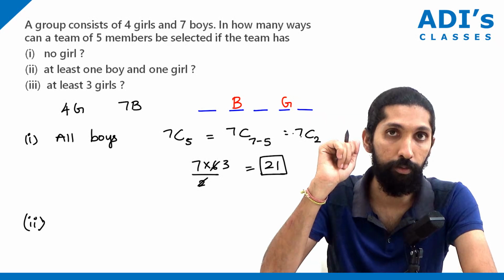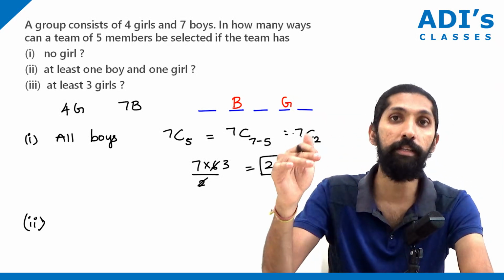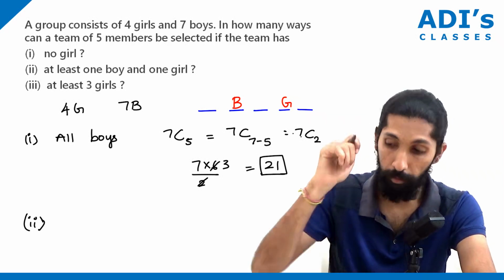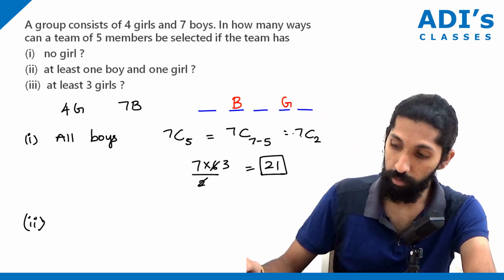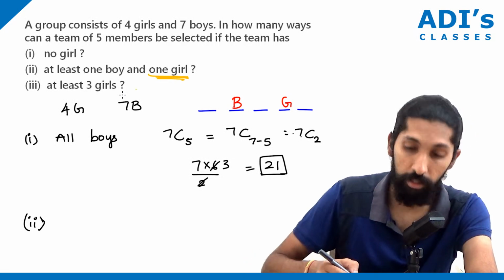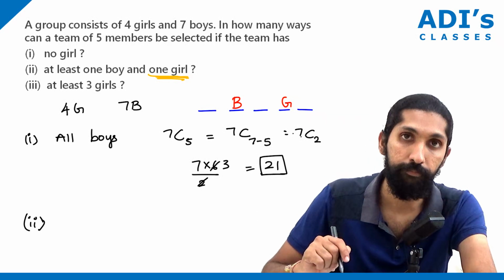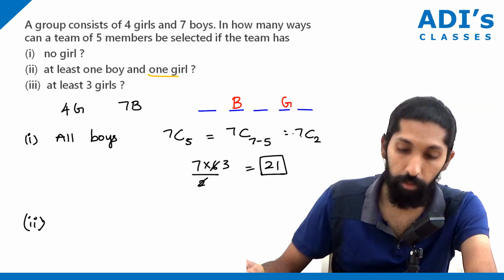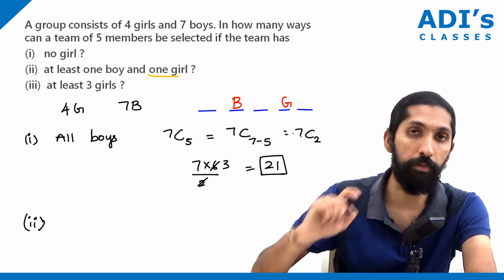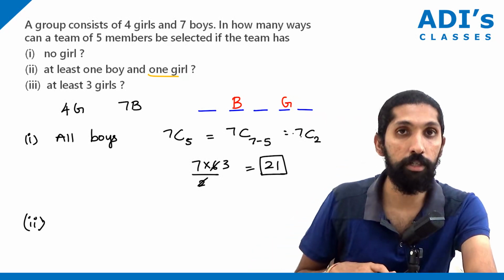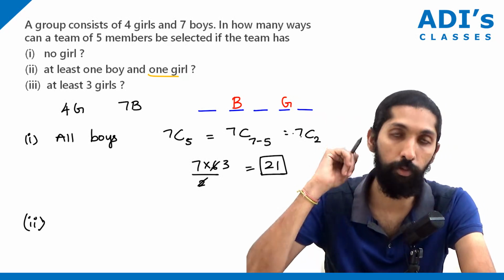But there is one case where no girls can be included. So what we are going to do is eliminate the case where all of them are boys, because the at least one girl condition will not be satisfied. So we take the total number of cases minus the combination where all of them are boys.